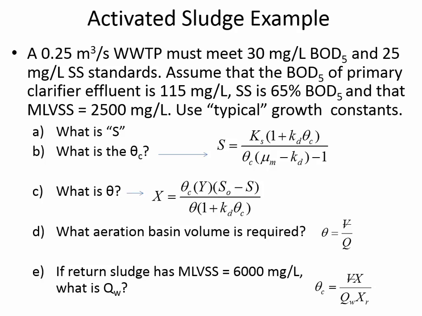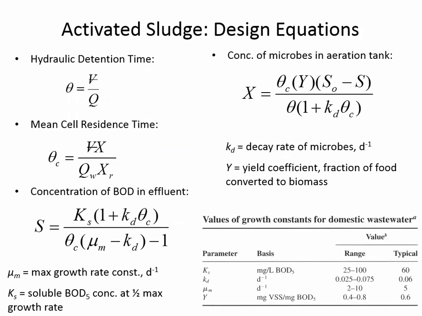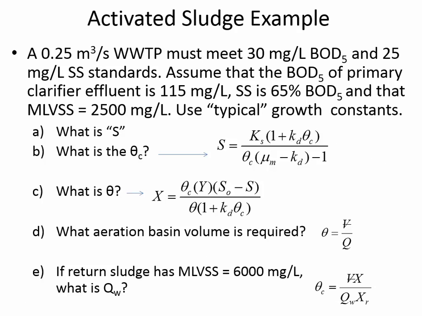All right. What we want to find out as our first step is how much can be the suspended concentration in the aerator. Some other information we have, we're going to use the typical growth constants from this previous table. This table has, in this far right column here, typical values for each of the parameters that we need for kinetics. And so let me write that on the board.